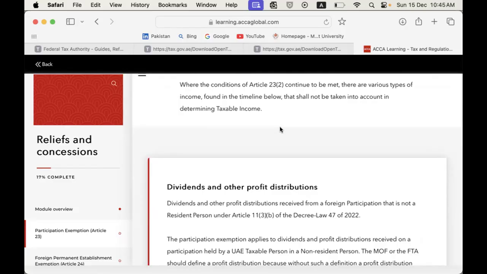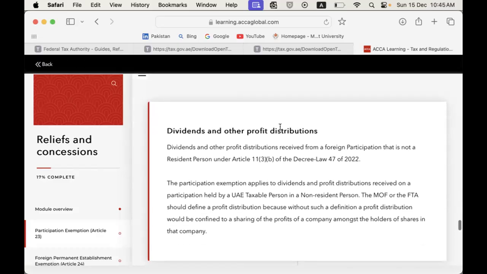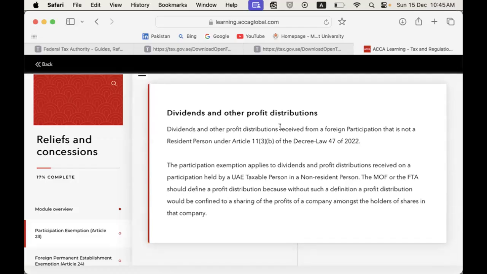You are doing an impact assessment of a UAE company, okay? And you come across the profit and loss account or income statement of that company. And interestingly, most of the times you find dividend income, for example, but you see that dividend income as being received from a foreign company. Okay. So what will you do?